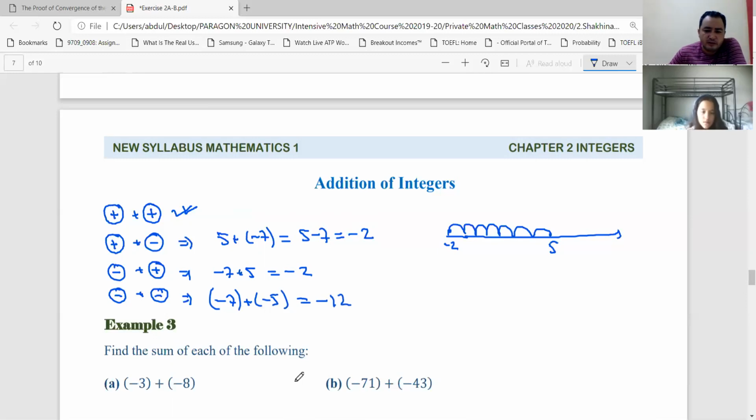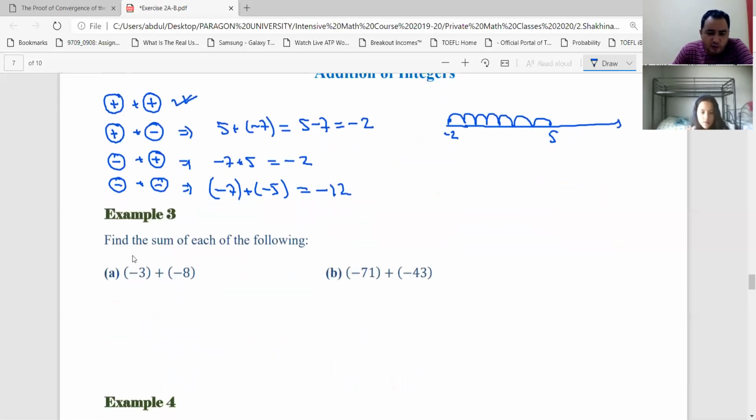Right? Okay. So now can you tell me, Shahina, what is negative 3 plus negative 8? It will be negative 11. How about this one? Negative 71 plus negative 43.